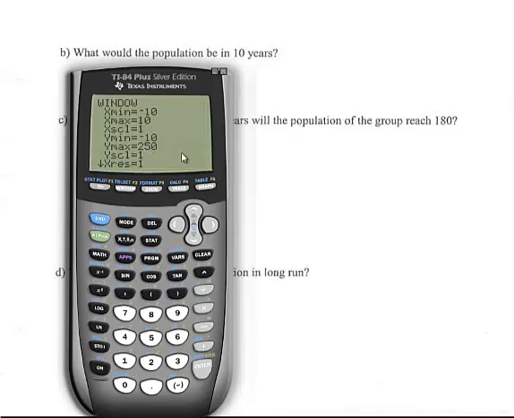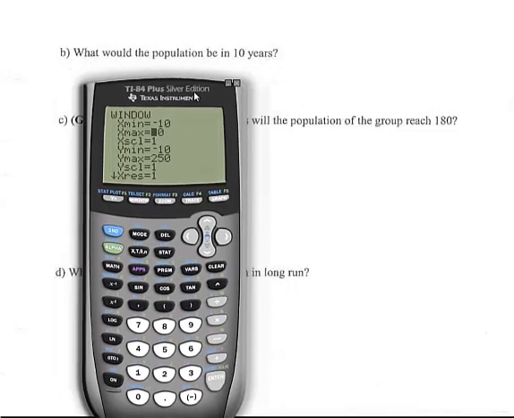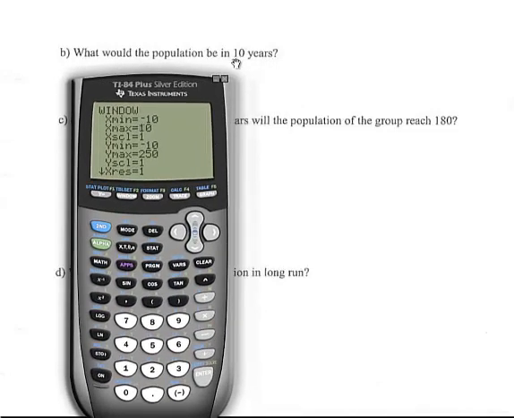And then how many years did it take in the previous problem? 10. We're not going to put in negative years. Let's put in 100 years.